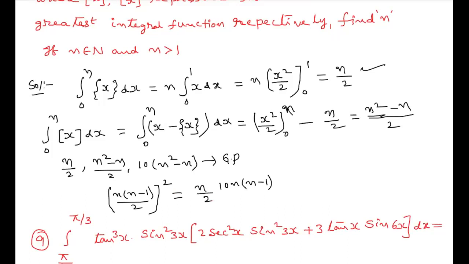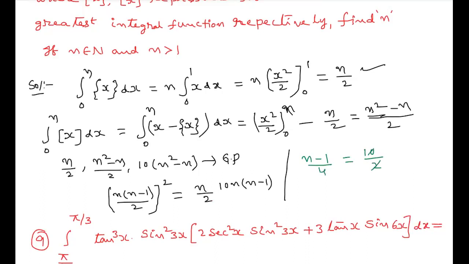Observe the calculation. What is going to cancel? n into n minus 1 cancels, and one more n also cancels. Next, what remains? n minus 1 by 4 is equal to 10 by 2.